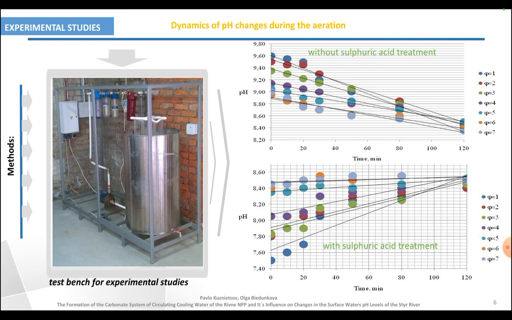For treatment with liming and sulfuric acid, an increase in pH is observed, which is accompanied by a shift in the carbonate balance due to the absorption of carbon dioxide and formation of bicarbonate.